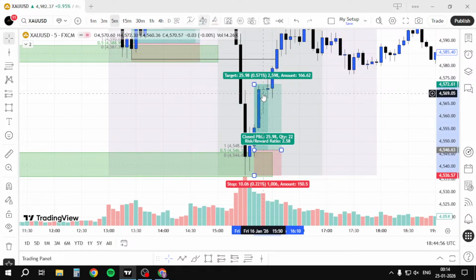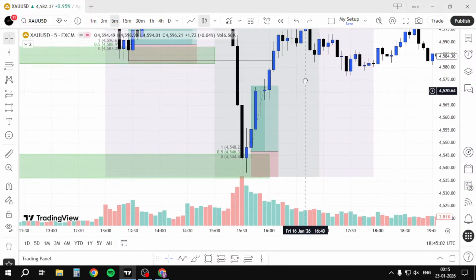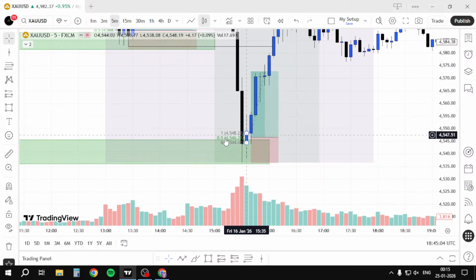Now see, this went gradually upside and hit the TP. Now here I actually booked some huge losses, almost $5,000 to $6,000 in just 3 to 4 seconds. How?